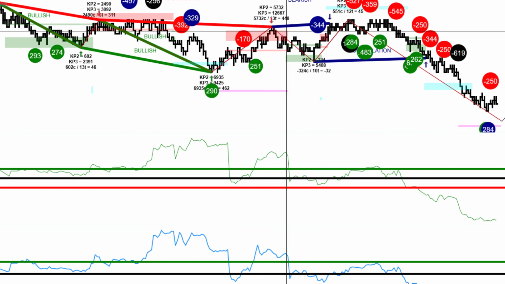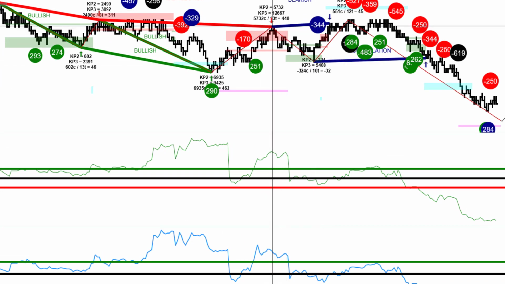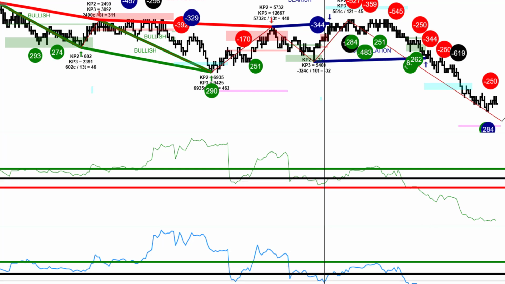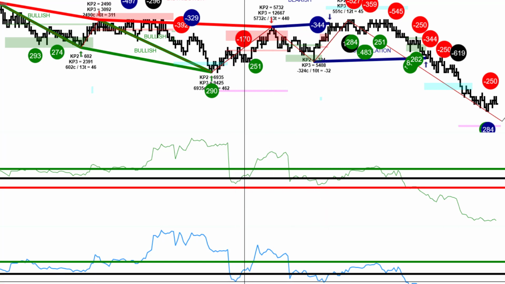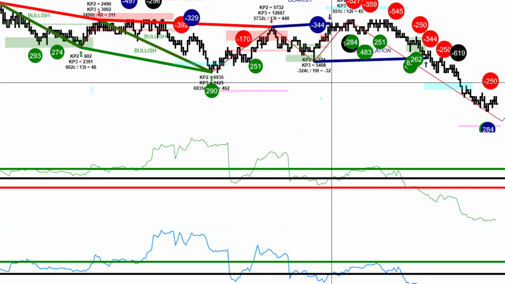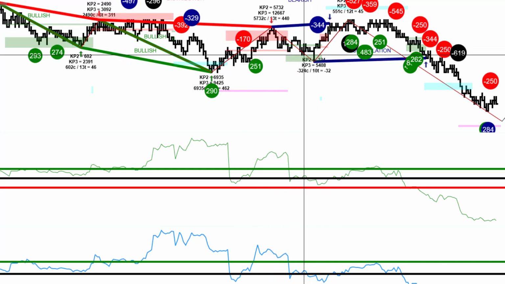Well, now we're given another little clue right here as the sellers drive it down. We've got a lower low on our KP2, and we are basically matching this KP2 ratio down here. This ratio is a negative 32, and it's actually very close to being special divergence.